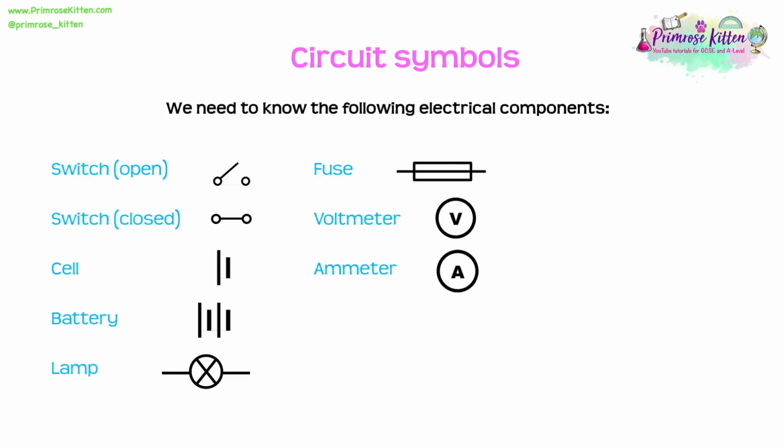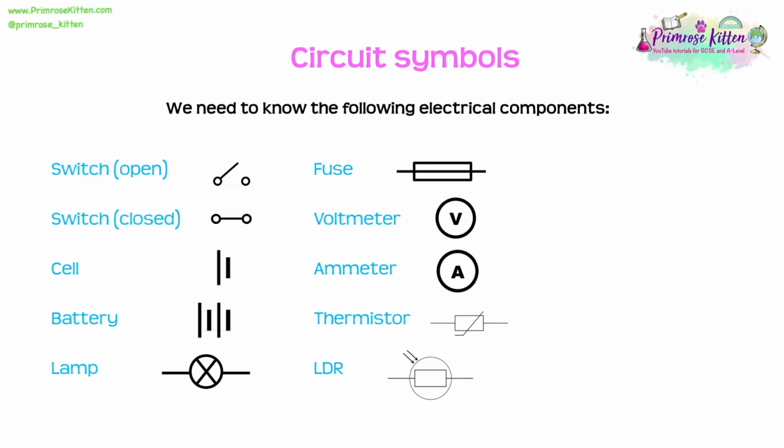A for ammeter. A thermistor is a rectangle with a tick through it. It's really important that we recognise that this rectangle with no line through it is a resistor. So different variations of these rectangles are going to be different types of resistors.